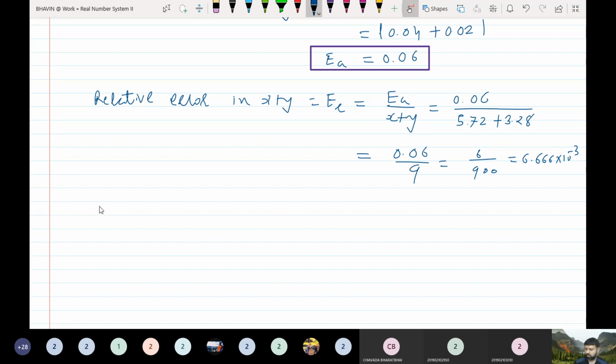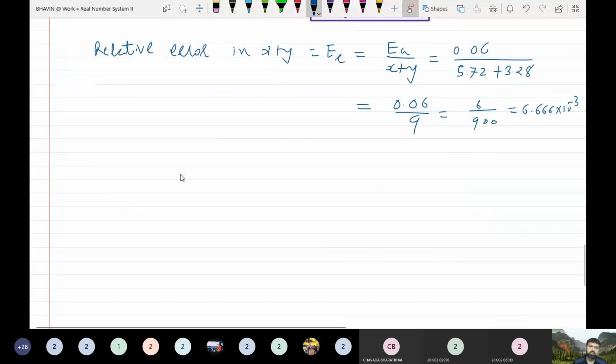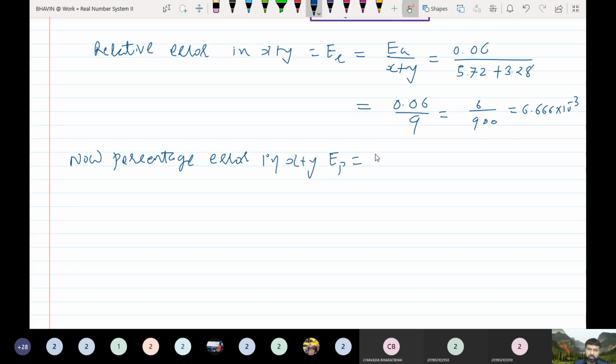So now the next question is EP, that is percentage error in x plus y. The formula of EP is ER, relative error, into 100. So this is 6.666 into 10 raised to minus 3 into 10 raised to 2.